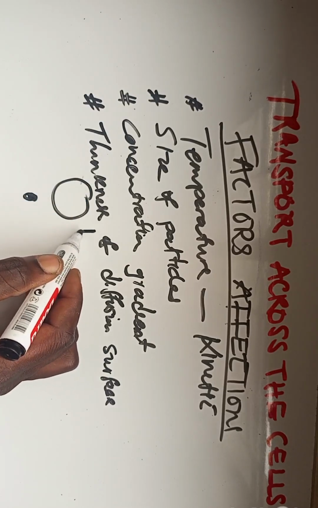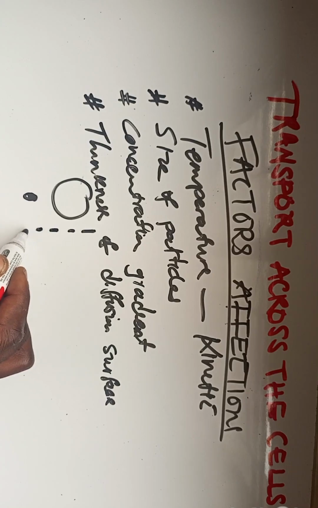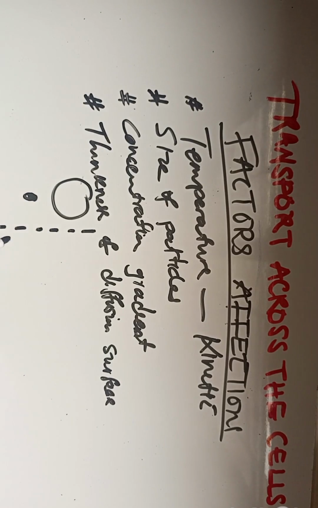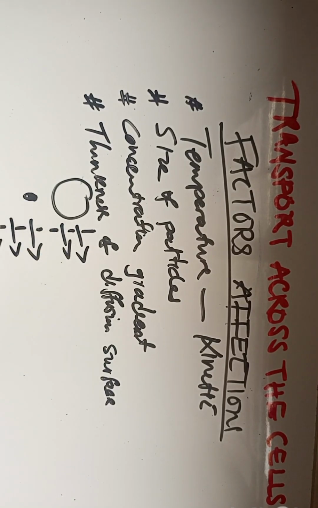Then here we have, I can say, maybe a membrane of anything whereby these particles need to pass to go this way. For this bigger particle to diffuse, to pass through those small spaces there, it will not pass.